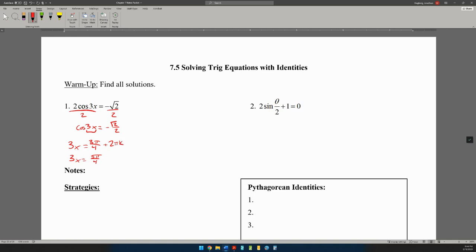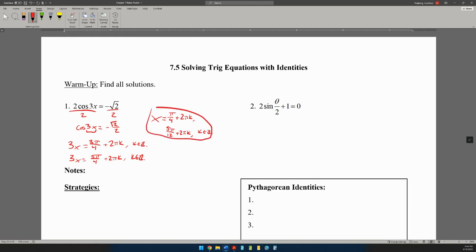So we're going to add full rotations around the unit circle, so plus 2 pi k, where k is an integer. Now in order to solve for x, we're going to divide both sides by 3, and so we get our answers. We get pi fourths plus 2 pi k, and we get 5 pi twelfths plus 2 pi k. And again, that's where k is an integer.